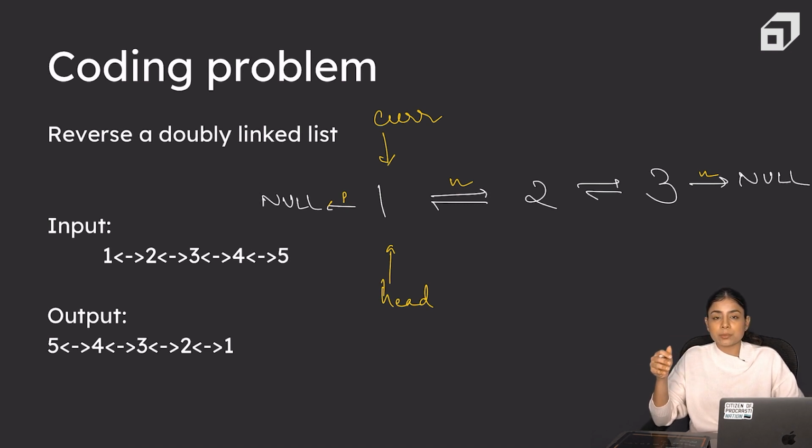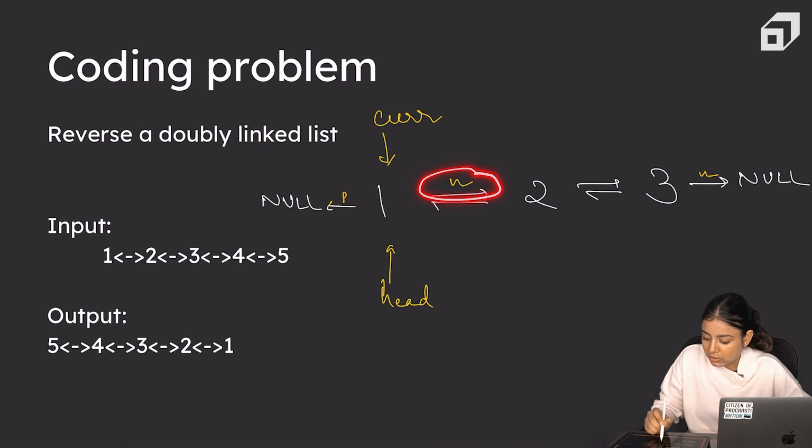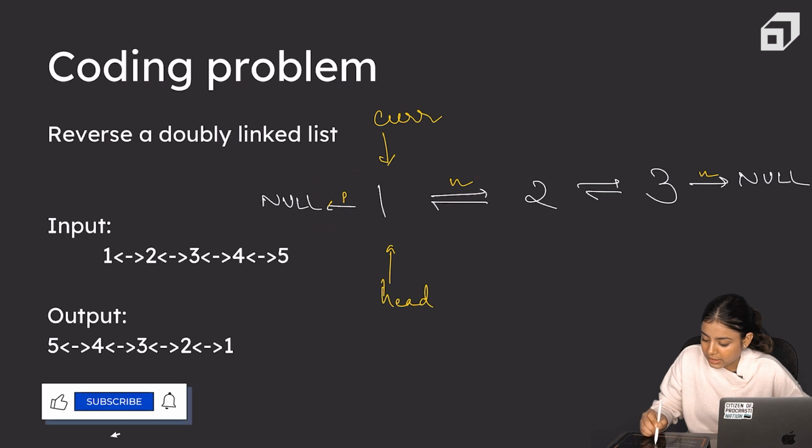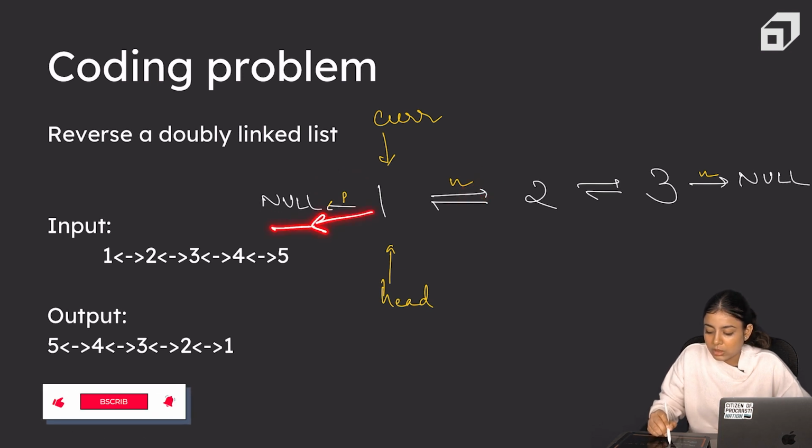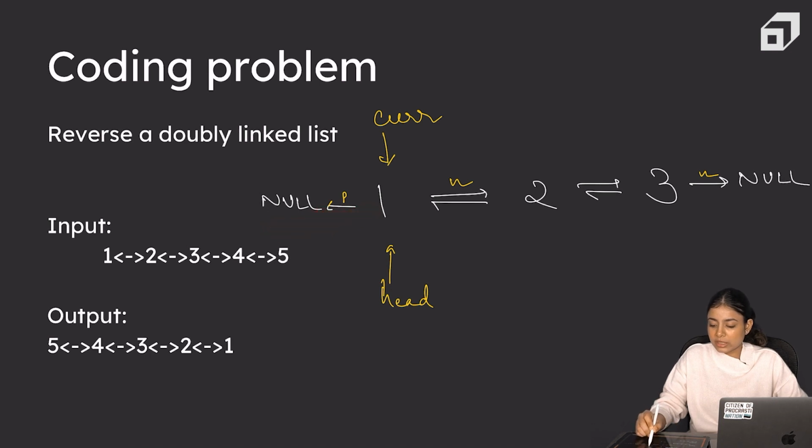For the current pointer, I want to make its previous point to its next and its next point to its previous, right? So if we change its next and make it point to previous, let's say we remove this link and make 1's next point to its previous, which is null, I'll lose access to the rest of my linked list in that case.